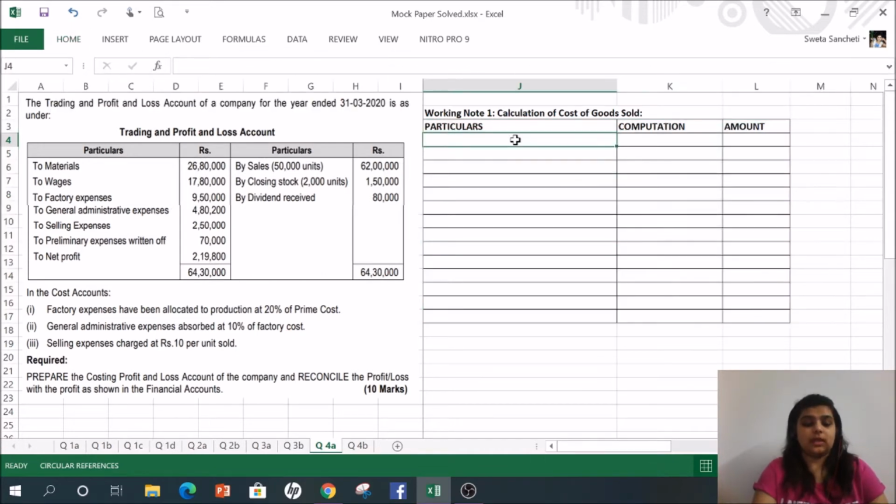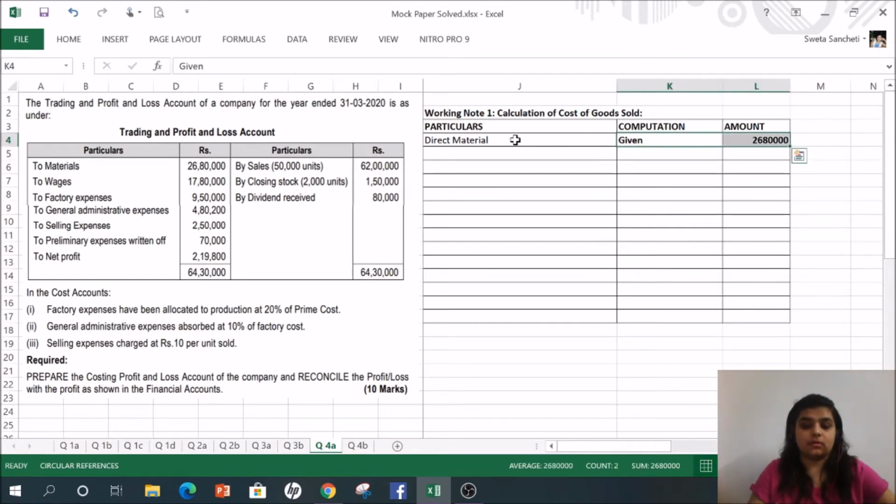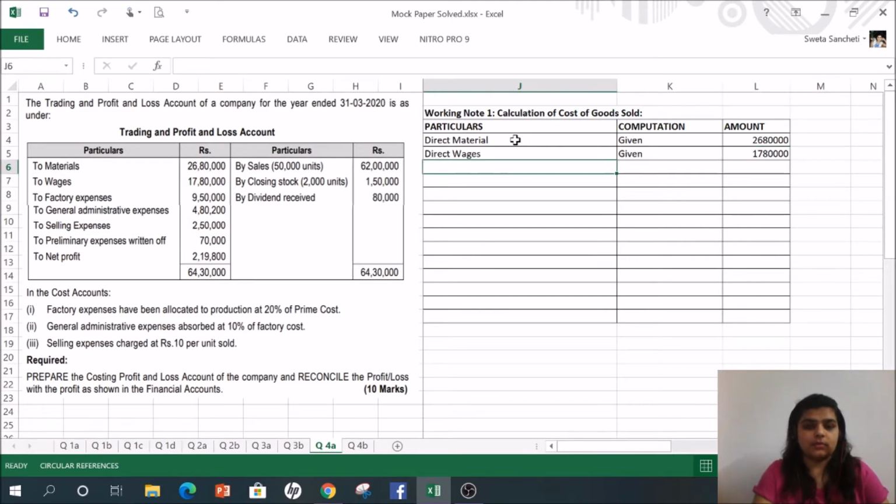Let's start. We start with direct material. Now direct material, they have not given anything, and anyways it is an expense which is same in financial as well as your costing records. So that is 26,80,000. Next is direct wages. So direct wages, that is also given to us as 17,80,000. There is no direct expense, so what we get is prime cost.